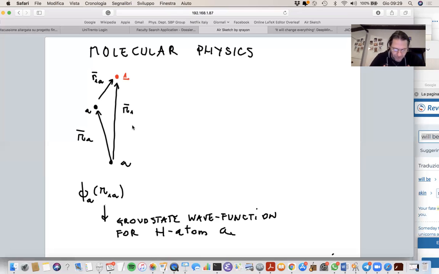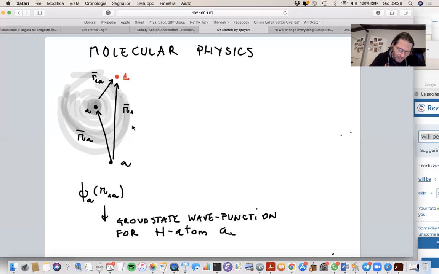It implies that if I were to draw a density plot here, denoting with this cloud where I have the largest probability of finding the electron, it will be something like a cloud, which will decay exponentially as R1A becomes large. We have already done these calculations in the context of variational methods.